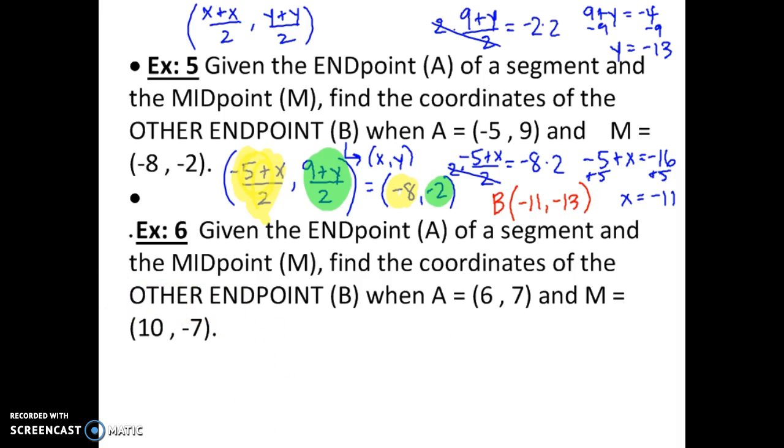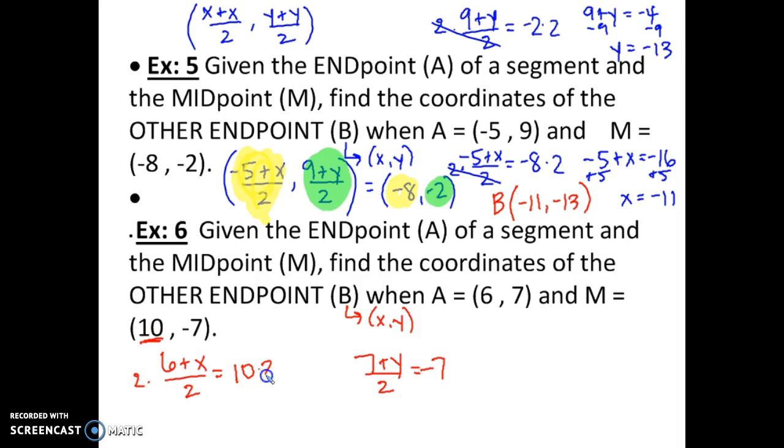All right, example 6 works the same way, so I'm going to jump straight to my equations. Again, B is going to be (x, y) for now. So I have 6 plus the x of B divided by 2 has to equal the x of my midpoint. And 7 plus the y of B divided by 2 has to equal the y of my midpoint, negative 7.